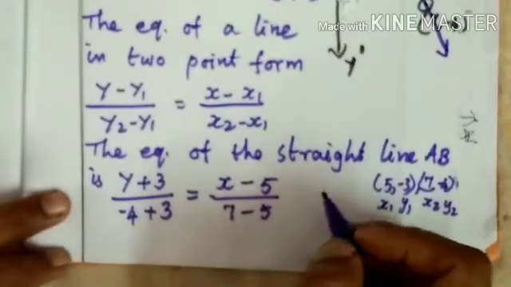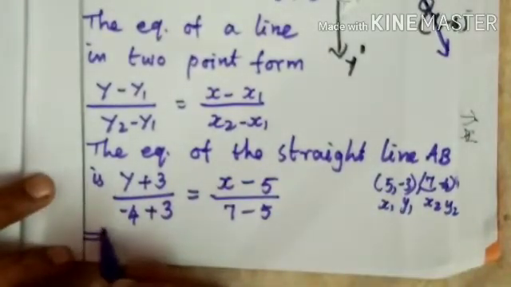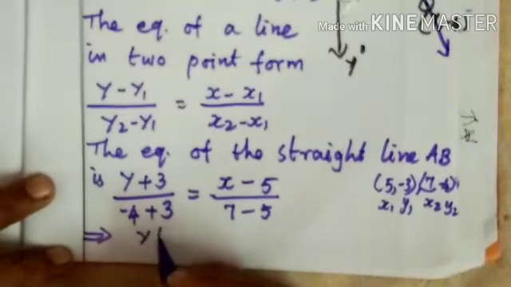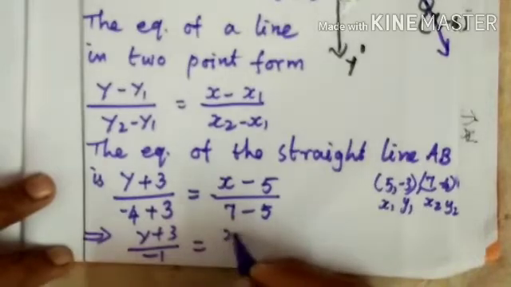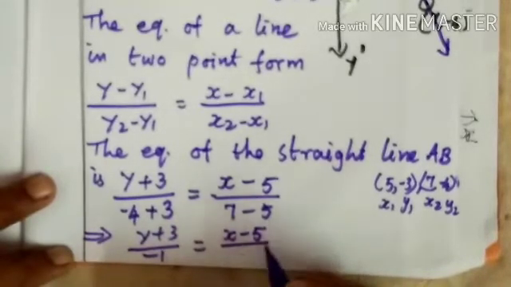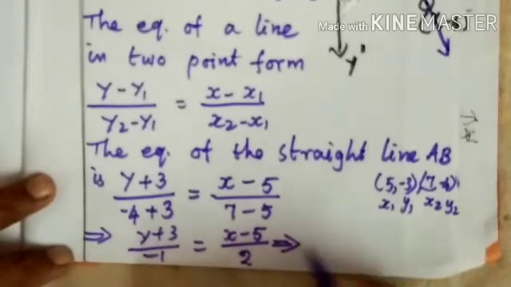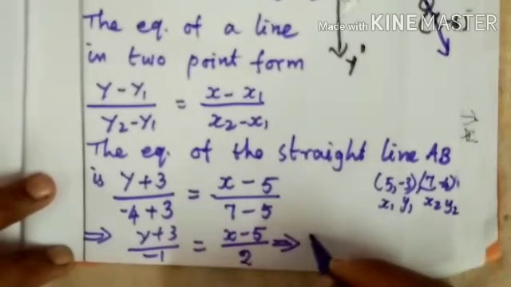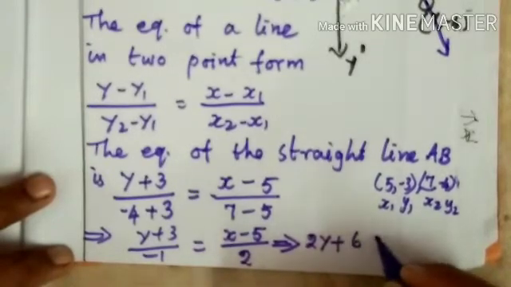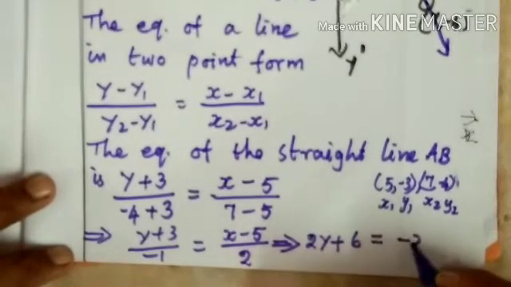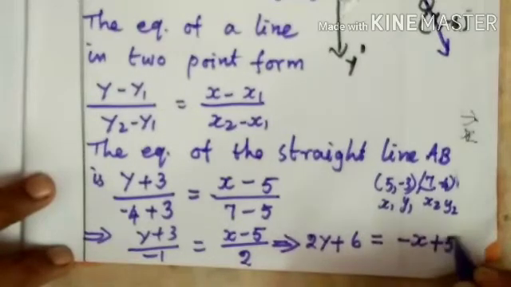Now you have to simplify this, means we get y plus 3 by minus 1 is equal to x minus 5 by 2. Now you have to cross multiply this, means we get 2y plus 6 is equal to minus x plus 5.